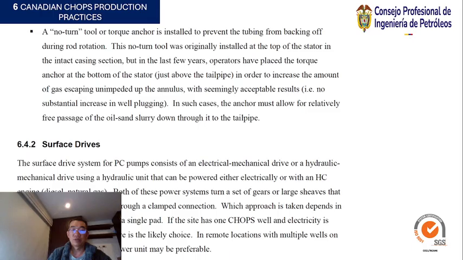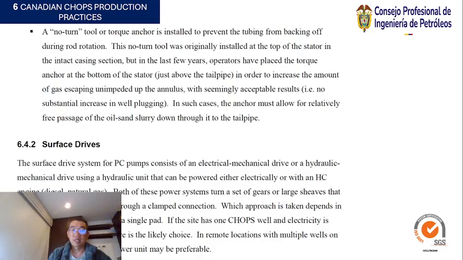Both of these power systems turn a set of gears or large sheaves that are coupled to the drive rod through a clamped connection. Which approach is taken depends in part on the number of wells on a single pad.